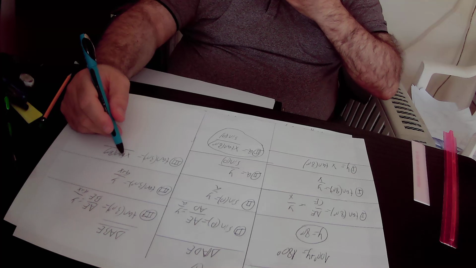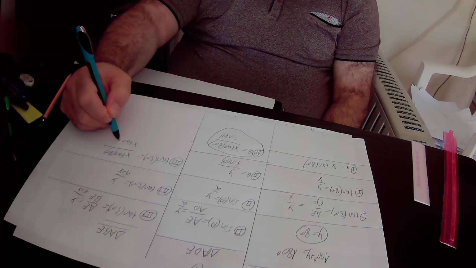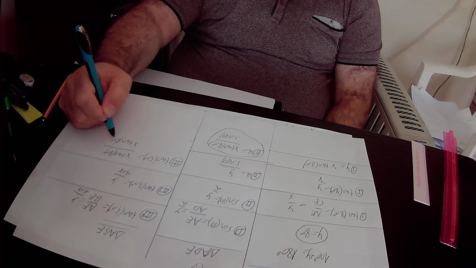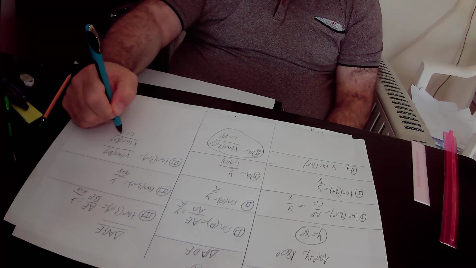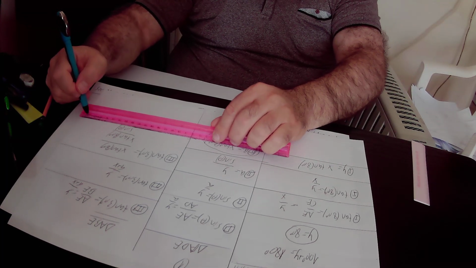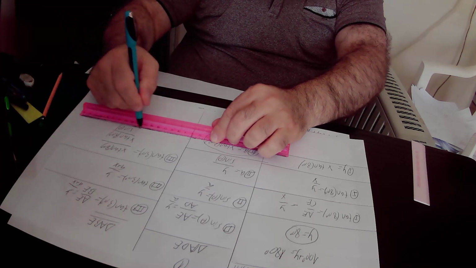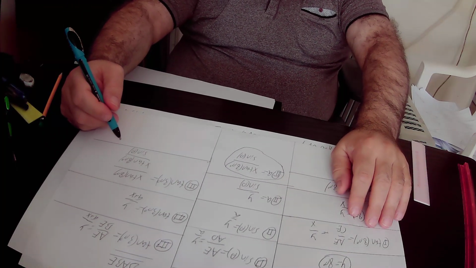A, according to equation number 2, equals x times tangent 80 degrees over sin theta. And we also have to add x.